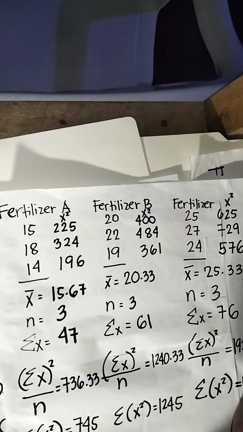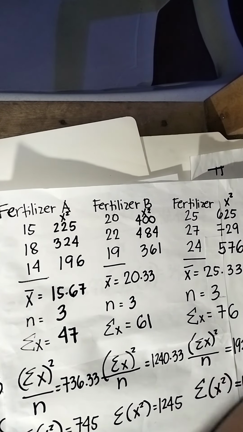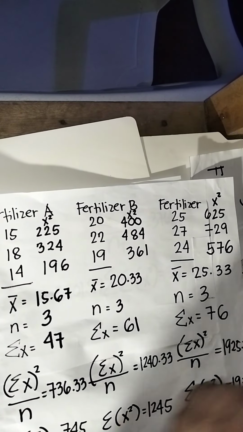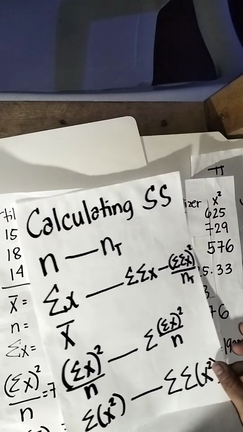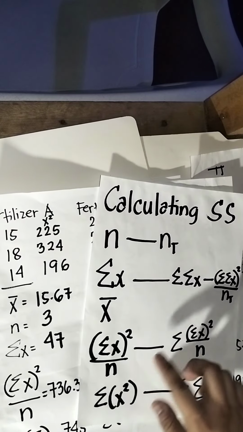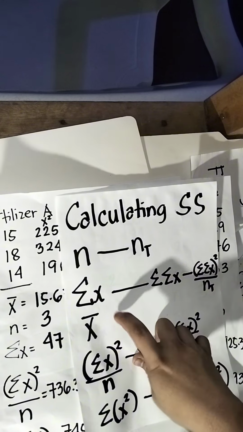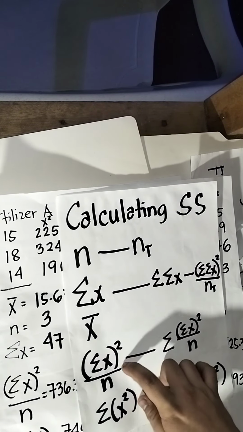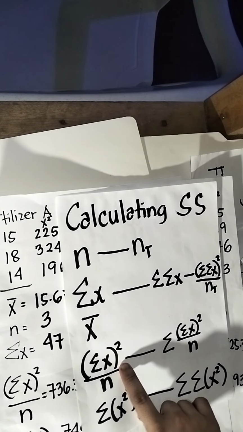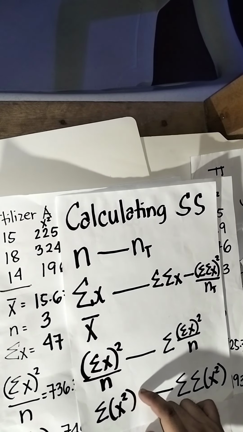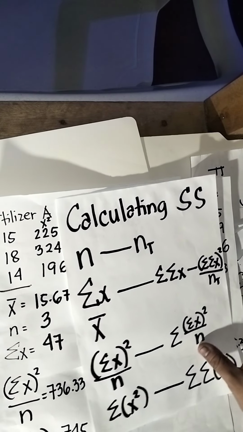Karon, let's go back to our formula. No. Kanita, mano-mano sa ta. Okay, now, we should get the N, the summation of X, the X bar, the summation of X raised to the power of 2 over N, and the summation of X square. No? Sa kada data.